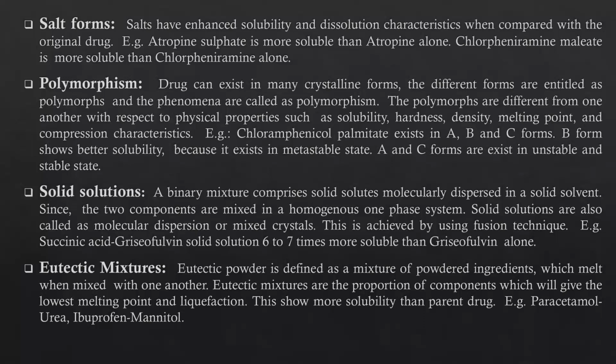This solid solution is also called a molecular dispersion or mixed crystal. Binary means two: the solid solute is dispersed in the solid solvent, and the two components are mixed homogeneously in one phase.